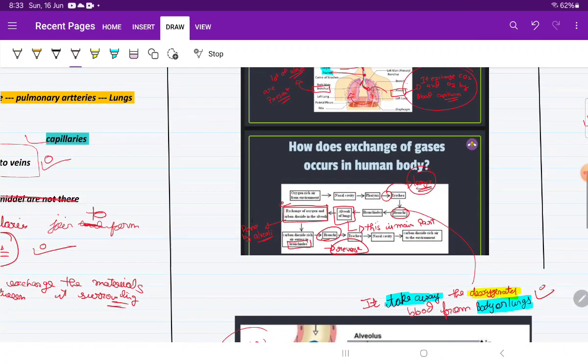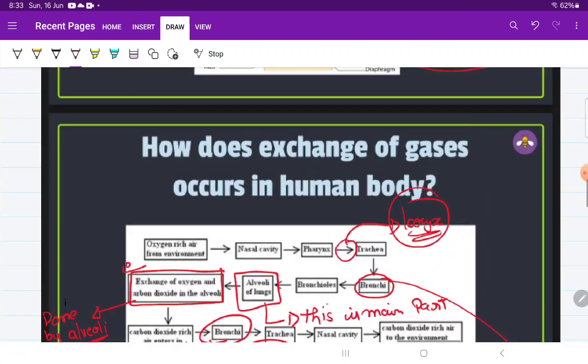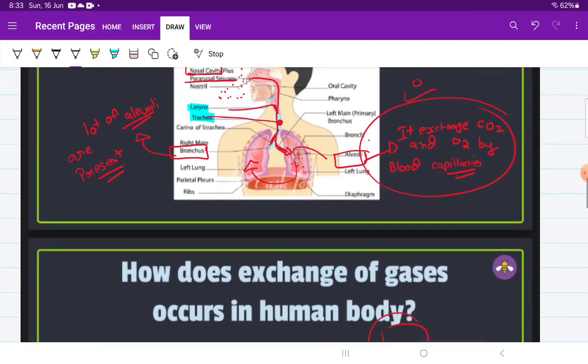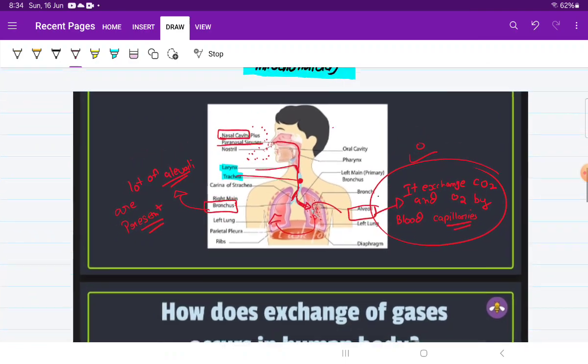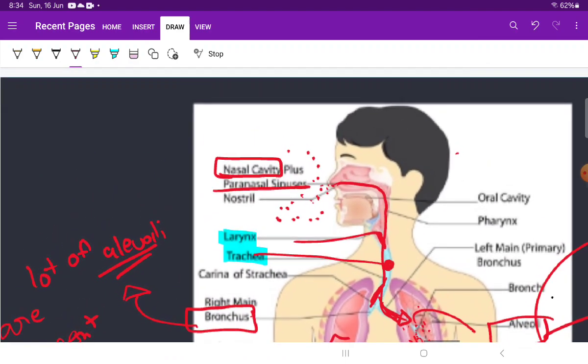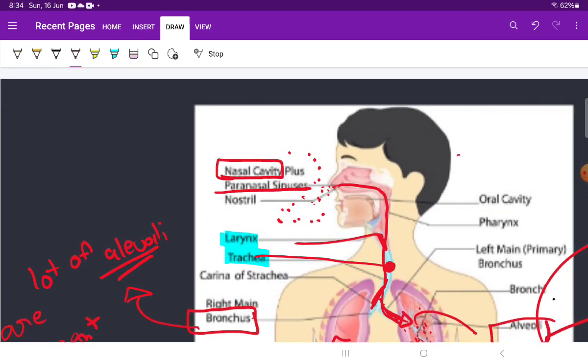Okay, now let's see the main process of respiration. Okay, first of all, this is the important diagram, students.